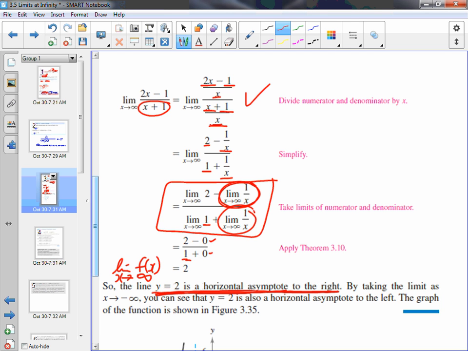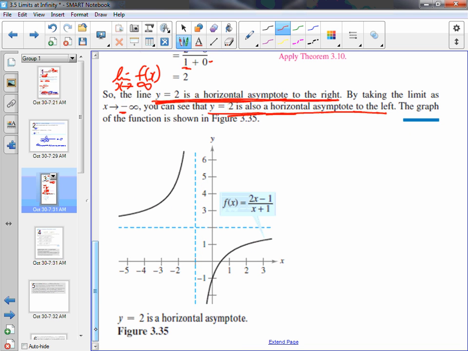Now, because it's positive, exactly. By taking the limit as x approaches negative infinity, we would get the exact same result, and y equals 2 is also a horizontal asymptote to the left. In fact, the graph of that function looks like that. Any questions?